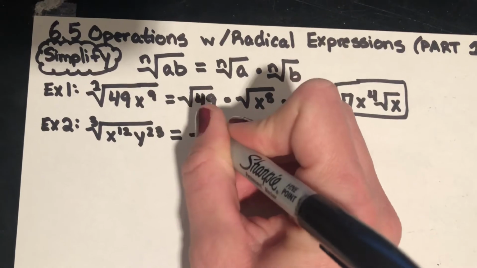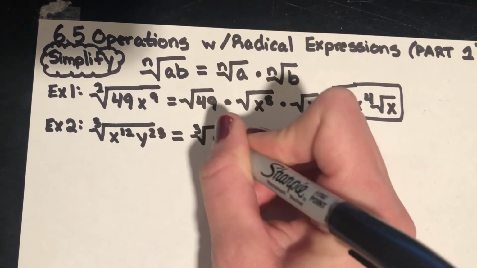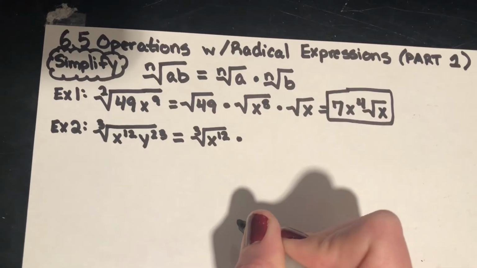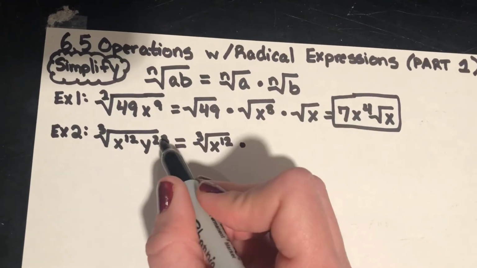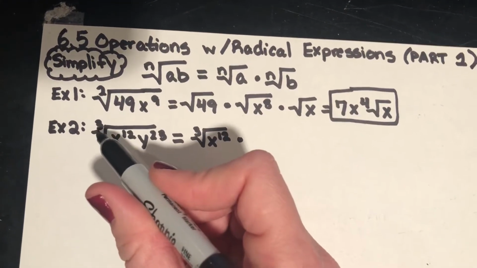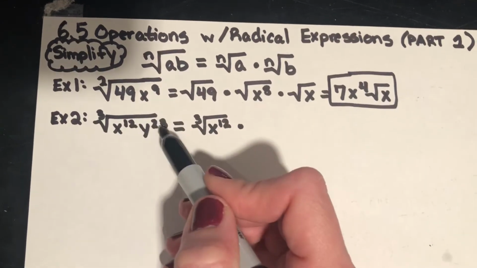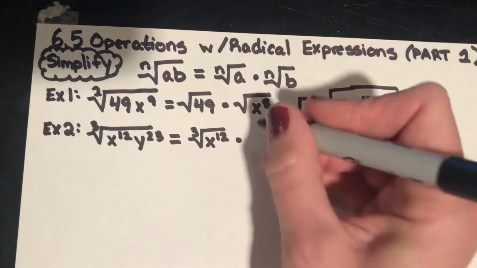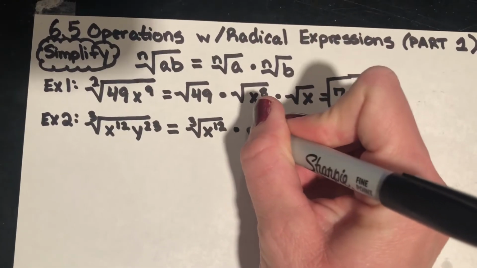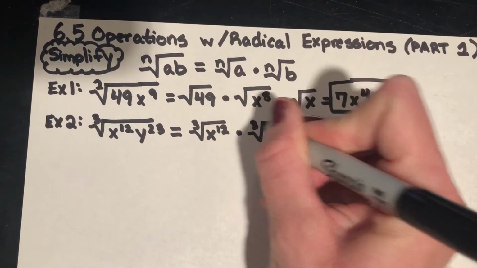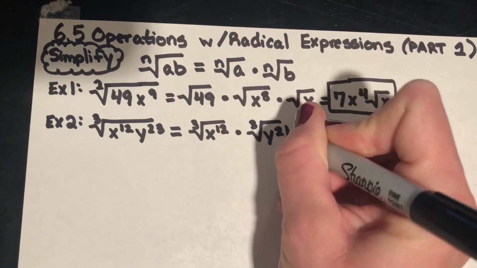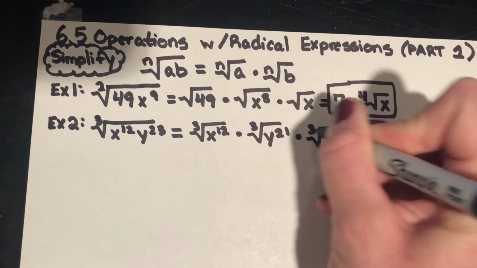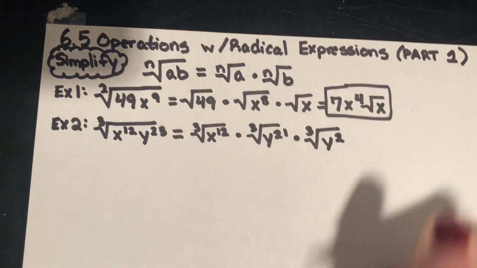Awesome. Split that up into the cubed root of x to the 12th multiplied by, now 23 divided by 3 does not divide evenly. However, the closest to 23 that divides by 3 is 21. So I'm going to split this up into the cubed root of y to the 21st multiplied by whatever is left over, which is y squared.